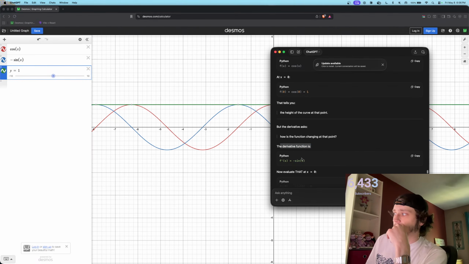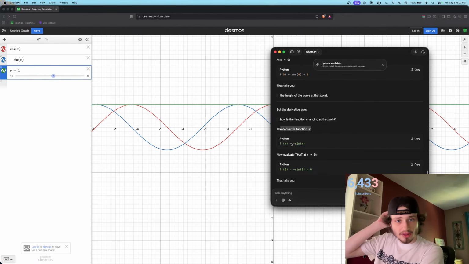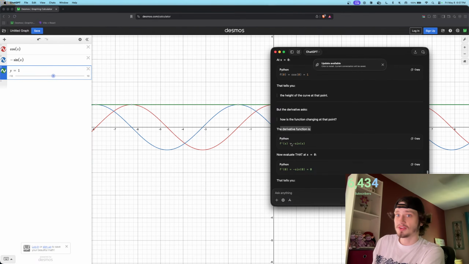Now, there's a calculus process that you learn about, a lot of substitution methods and different types of methods in order to solve these derivatives for various functions, right? But we just know this one off the top of our heads. We're not trying to solve derivatives here, we're not doing calculus. But if you're questioning how they got negative sine x, if you've never taken calculus, you learn a lot of these kinds of methods, like exponential methods, and all these different substitutions, and what different things stand for.